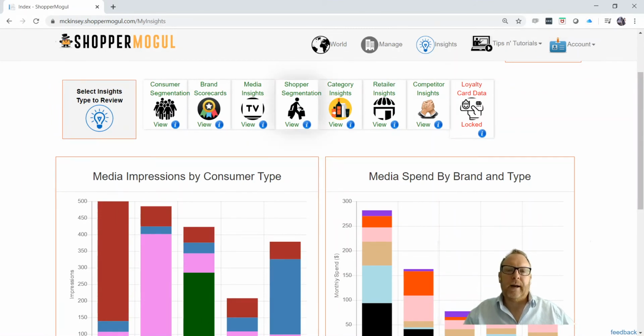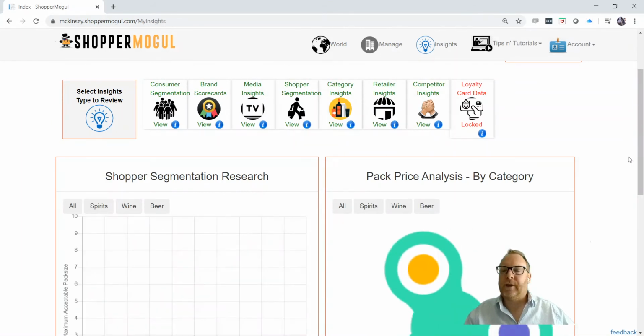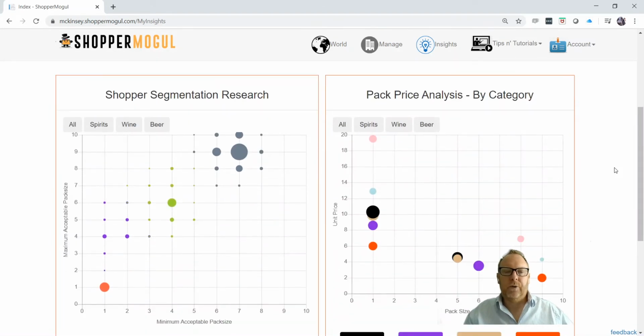So the 4th area that we're going to look at is shopper segmentation. Now, just as we looked at consumer segmentation and saw a breakdown of demand against style and quality, for shoppers, we're looking at a breakdown of where demand is against the different pack formats that are available in the game.